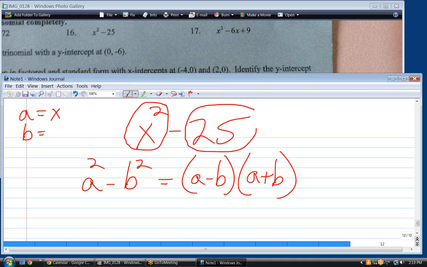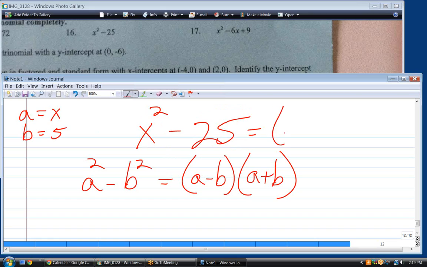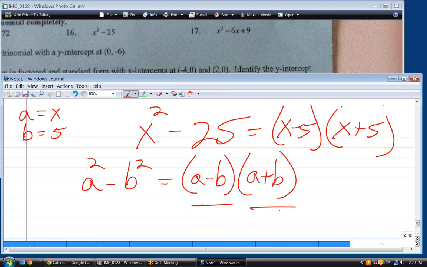Square root of that. So what does this factor into? X minus 5 times x plus 5. Notice that you want to end up with a minus b times a plus b. So the only thing we needed to figure out was what was a and what was b.